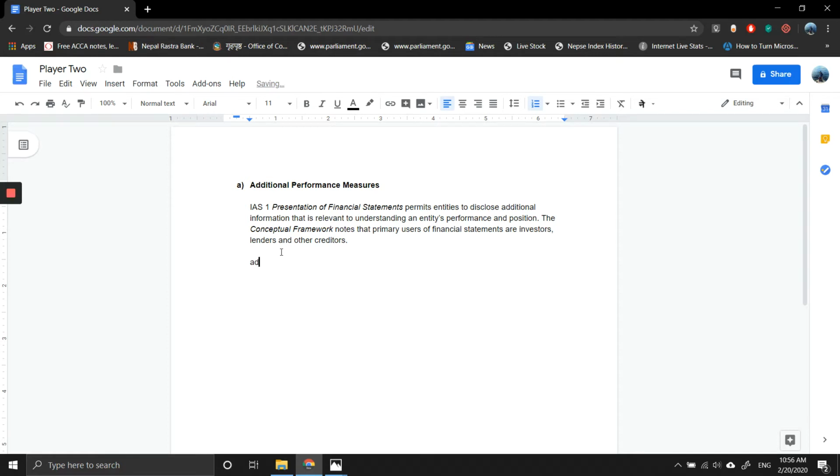After that, additional performance measures, which is basically APM, are often used internally when assessing management performance.